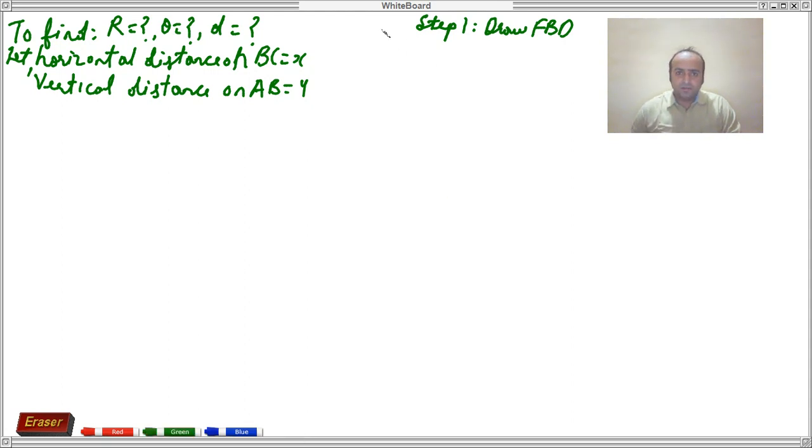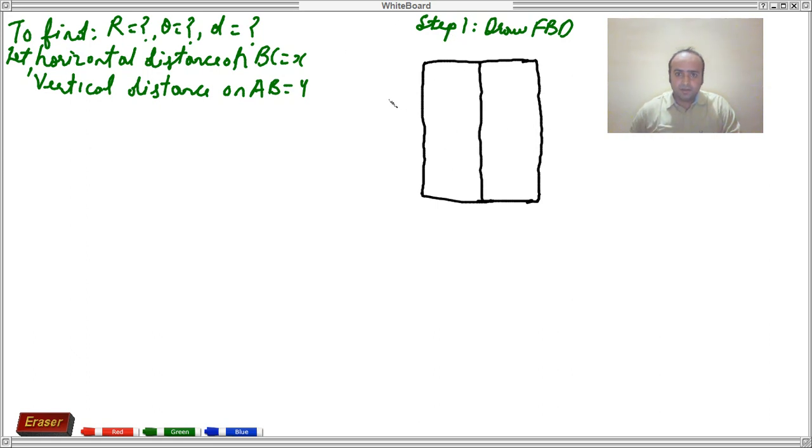The diagram that we are supposed to draw, a rectangle it will be, like this. Even in the mid it will be over here. Now whatever the forces are there, I can draw them directly one by one.